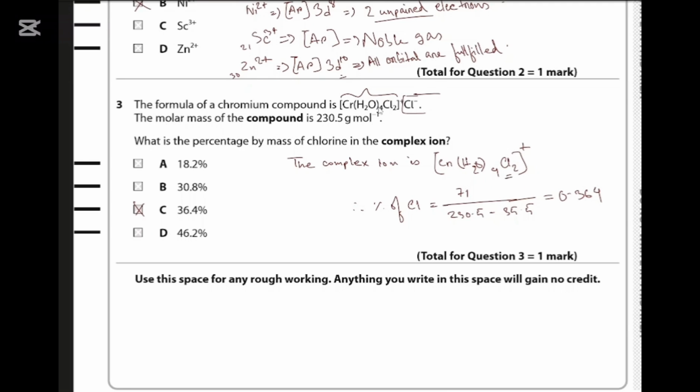We have two chlorines, so 35.5 times 2 equals 71. We divide 71 by 230.5 minus 35.5, which gives 0.364, or 36.4%. So our answer is C.